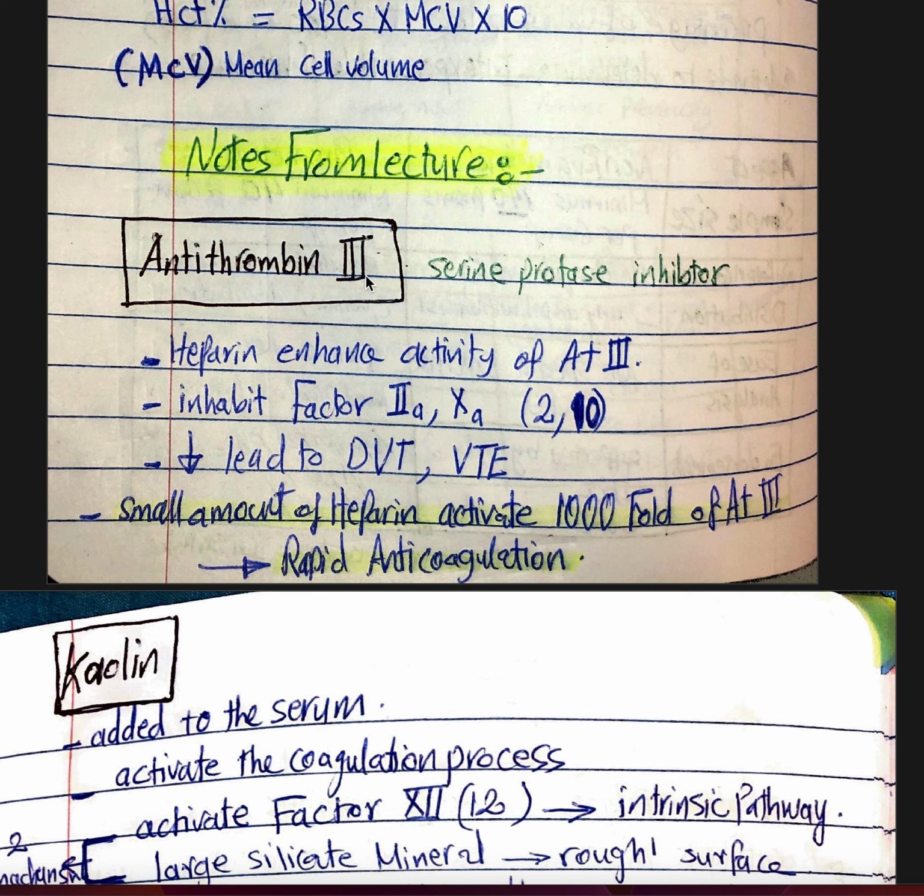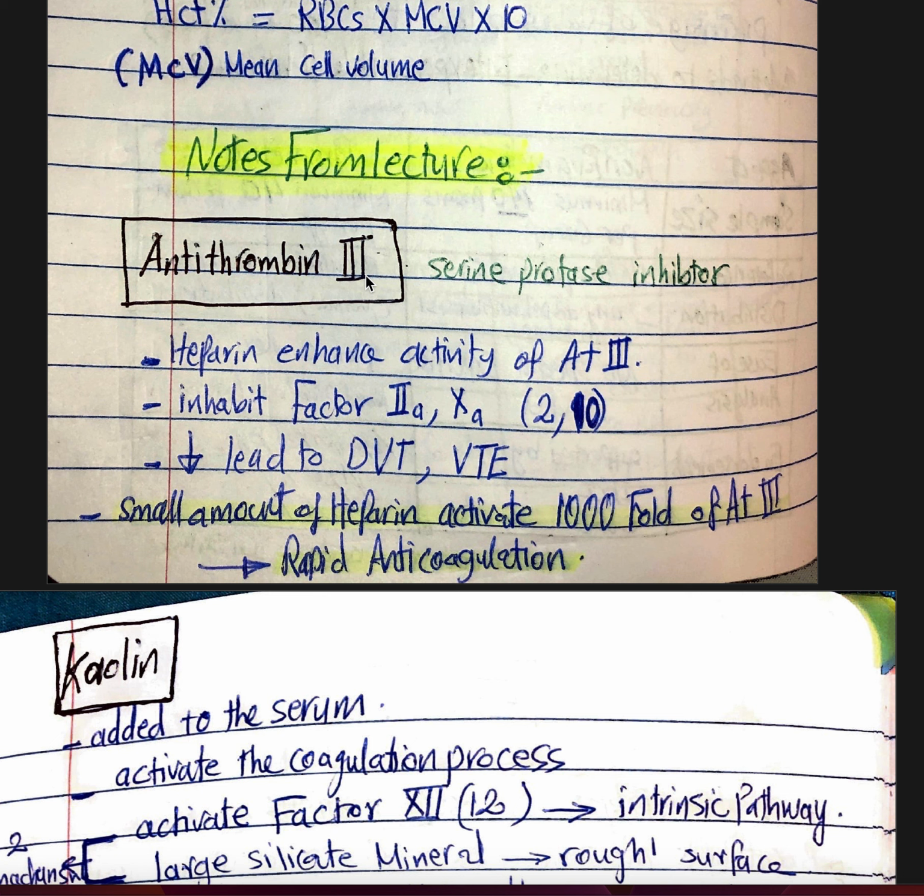Again, because that's so important, antithrombin, from its name, prevents coagulation. But the question is by which mechanism: is it preventing the clotting factors, or preventing platelet accumulation or aggregation? Actually, antithrombin 3 prevents the coagulation factors, but not just any coagulation factor.